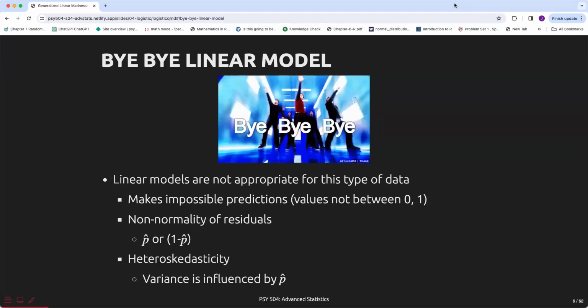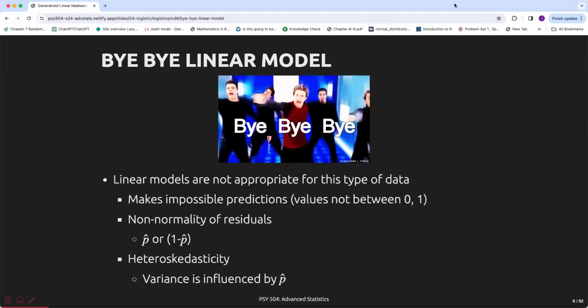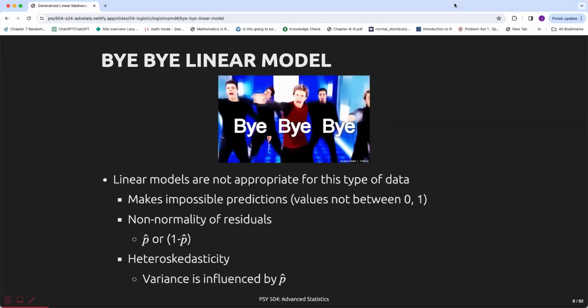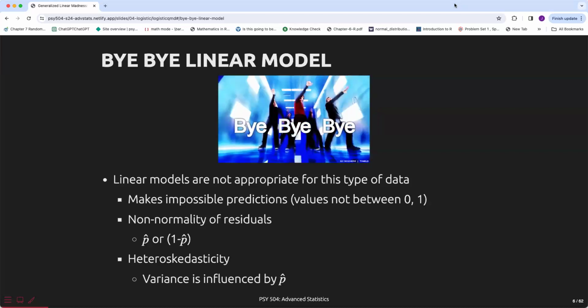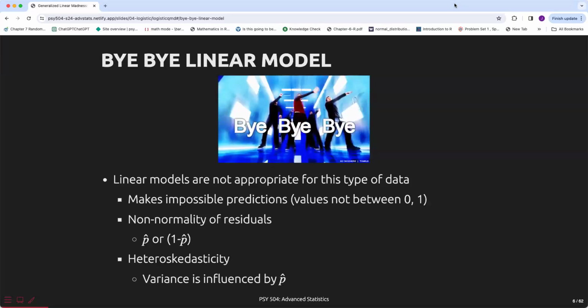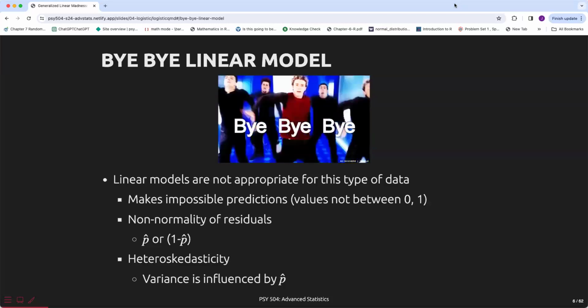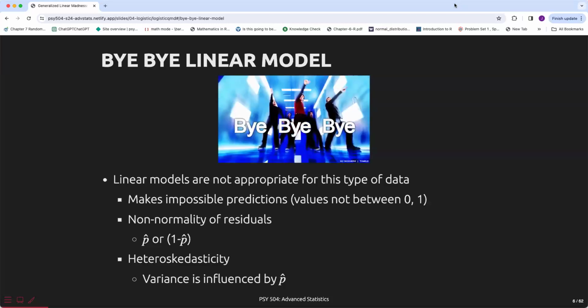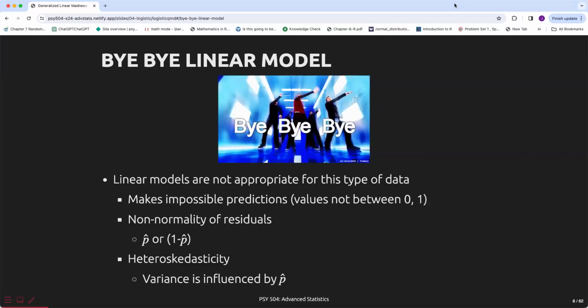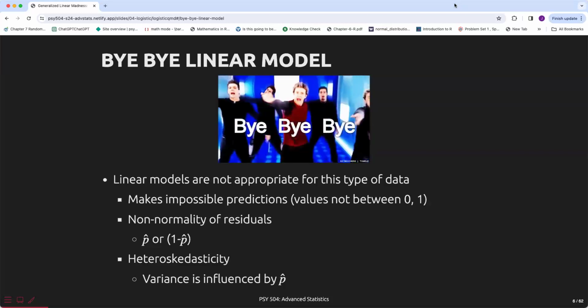If we throw that into a linear model, that linear model, remember, is fitting a straight line that goes into positive infinity and negative infinity, right? So when we make predictions from that model, it's very possible that it could extend outside that range. So we have 0, 1, that's our bounds. If we fit a linear model, it's possible that we could have predictions that fall outside 0 and 1, right?